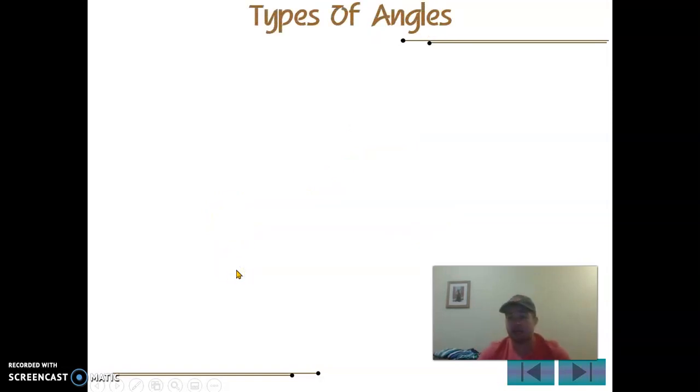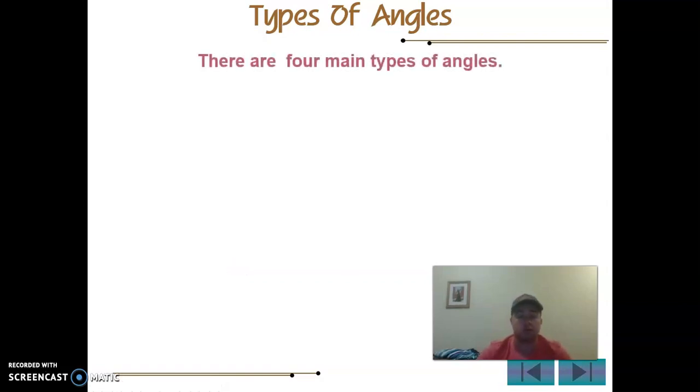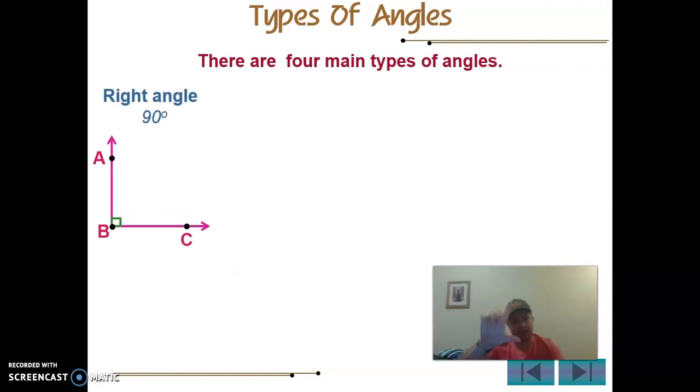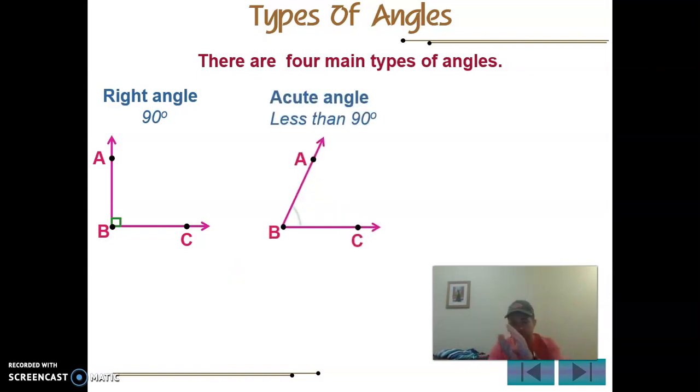We have different types of angles too, and some of them we've already talked about. There are four main types of angles, and then everything else kind of has subnames that go with it. So the first angle is a right angle, and it's 90 degrees, and it makes that L shape. And then we have acute angles, and they're cute because they're teeny tiny and less than 90.